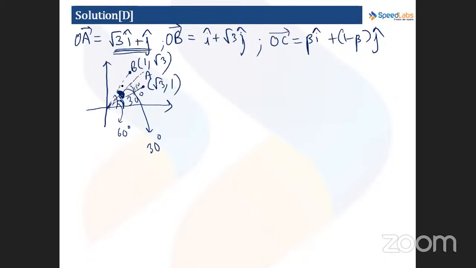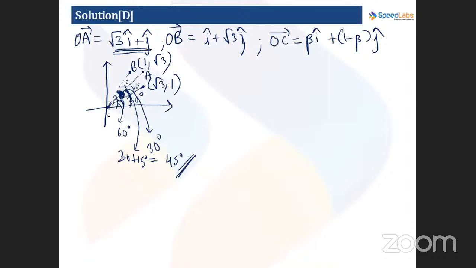So this is the angle bisector, with angle of inclination 30 plus 15, which is 45 degrees. And which line has angle of inclination 45 degrees and passes through the origin?